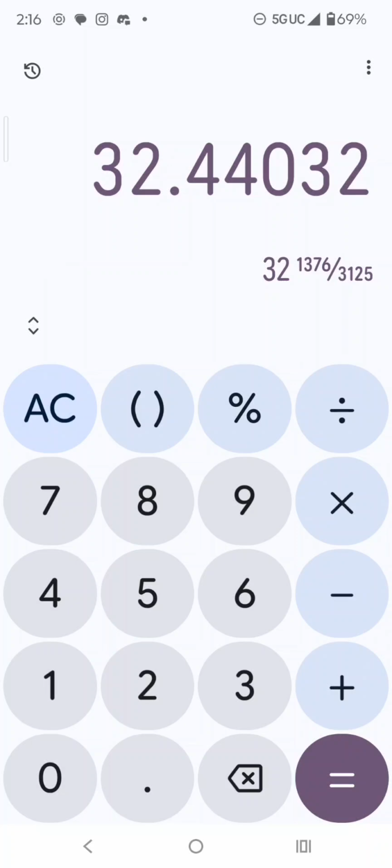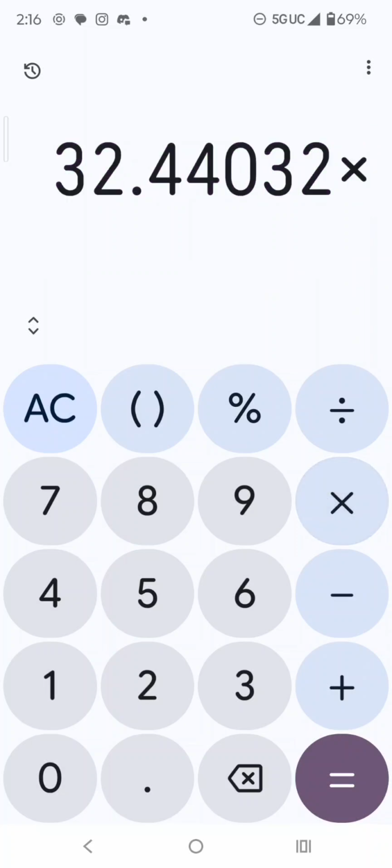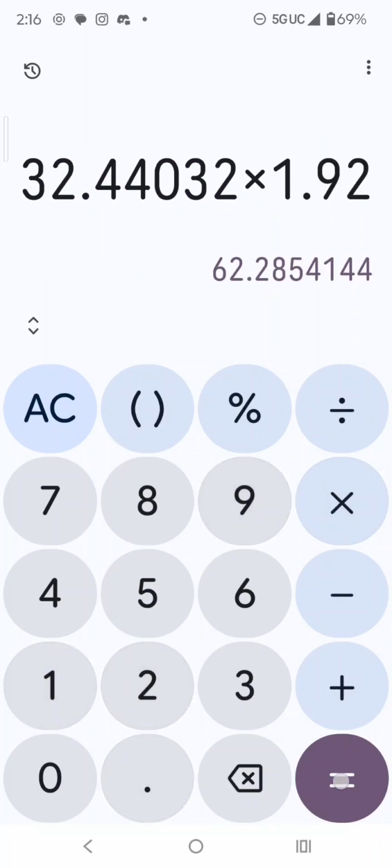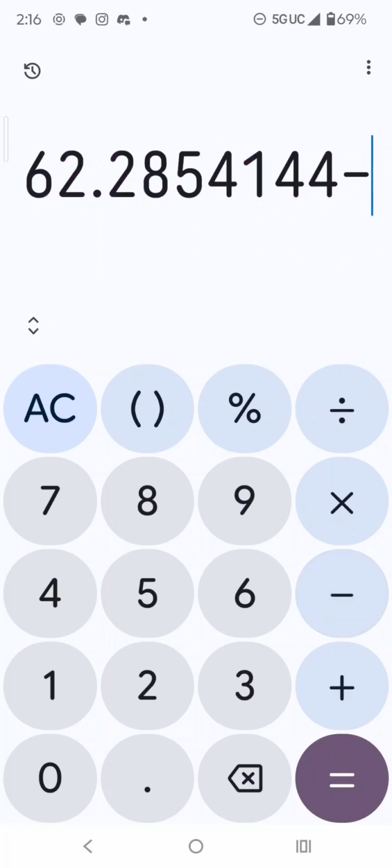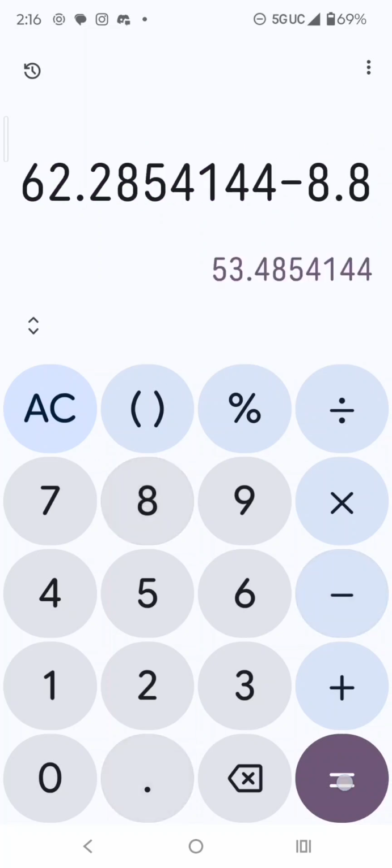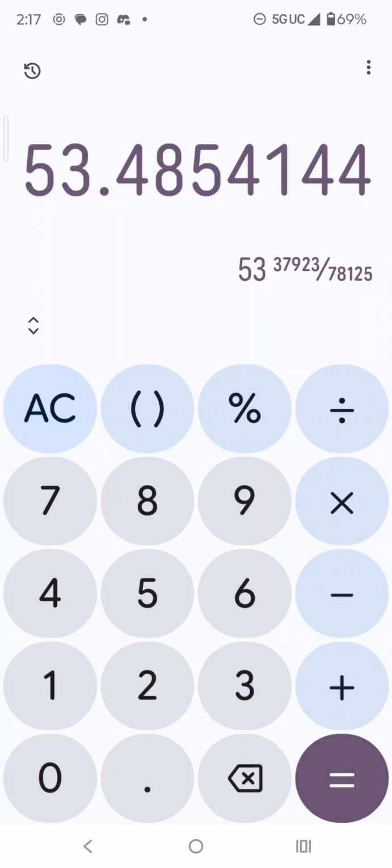If we go for a third win, times 1.92, now we have $62.28. Originally we risked 8.8, so this is the profit that we made on our 3 attempts. Now that is 60% of your account.